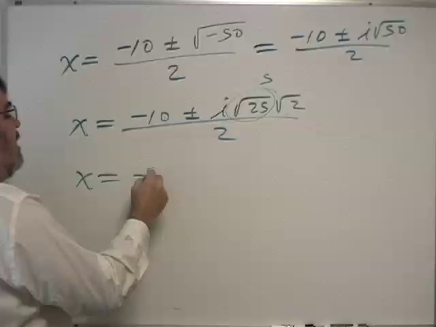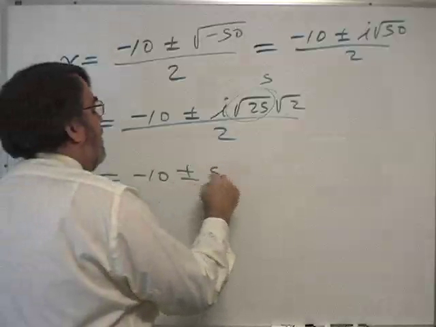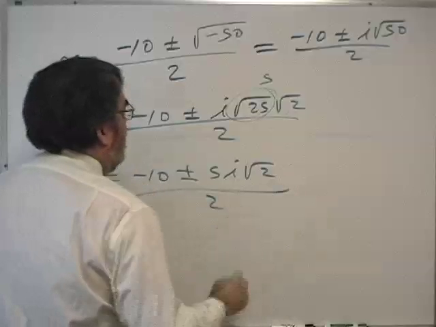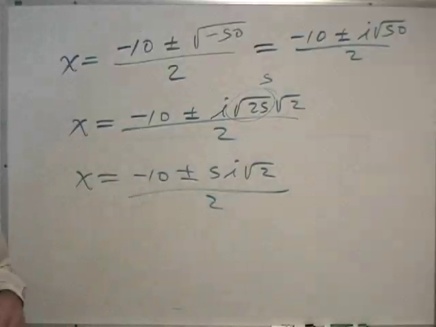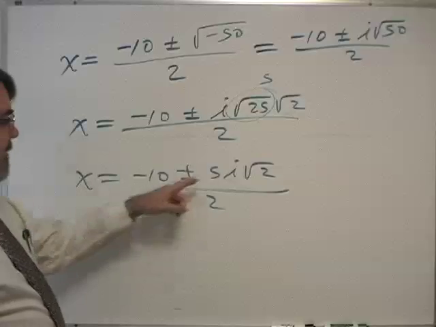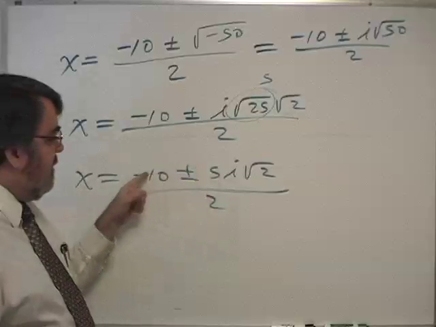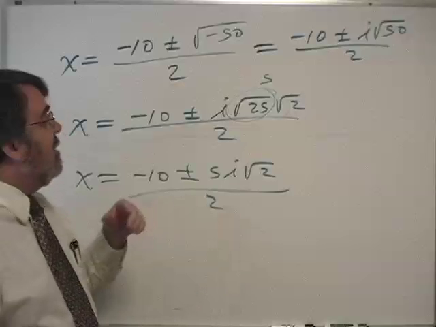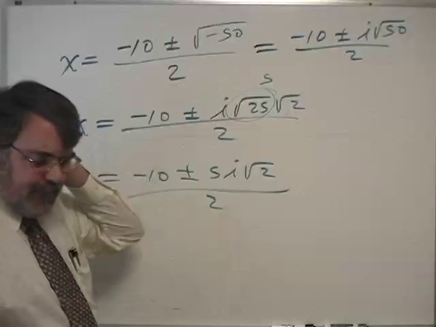So x would be negative 10 plus or minus 5i times the square root of 2, divided by 2. So that's simplified. I can factor a 5 out of here, but the 5 that we could factor out would not cancel with the 2. So that would be as far as we can take it.